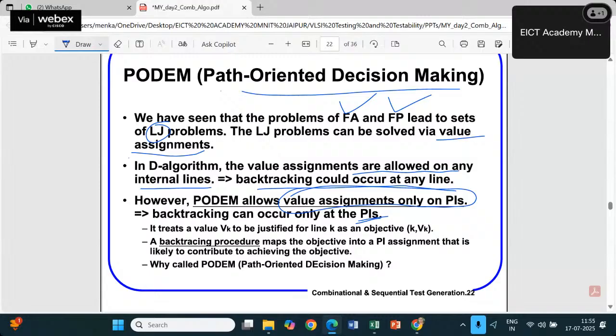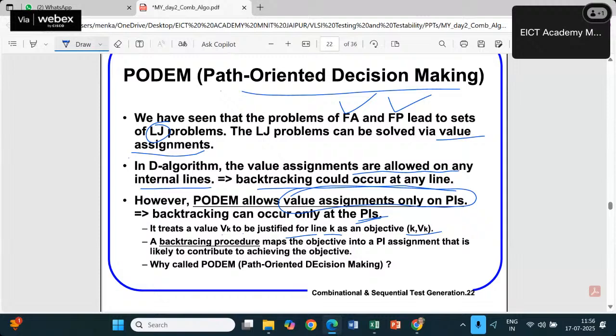So it treats value Vk to be justified for line K as an objective (K, Vk). Vk is the value that can be 0 or 1, and K is the line that can be A, B, C, I, J, K, L, whatever it is.